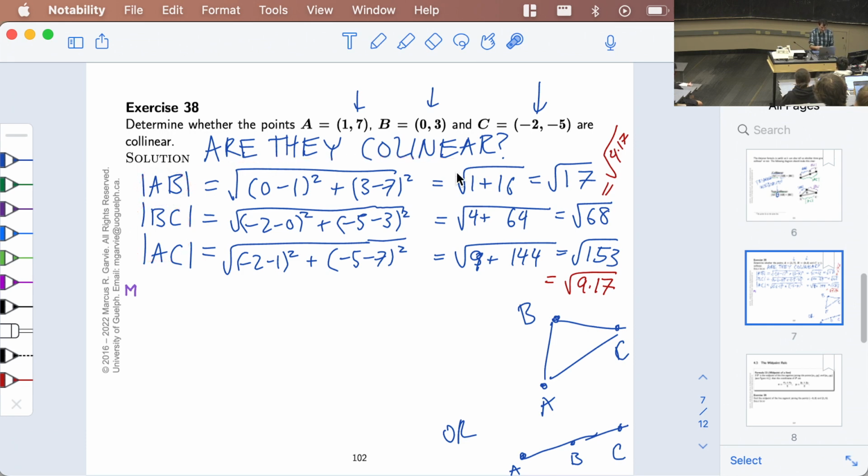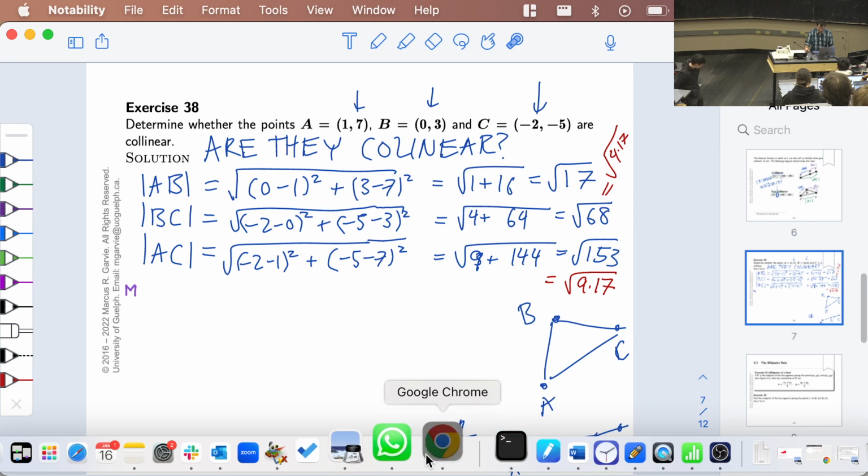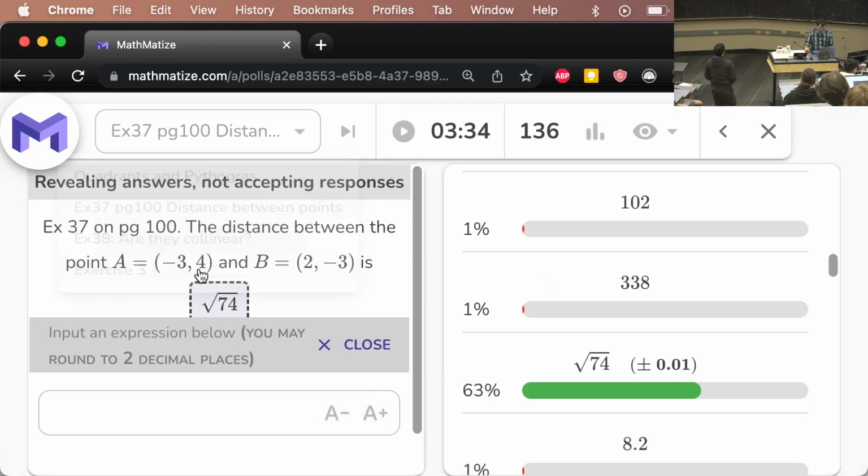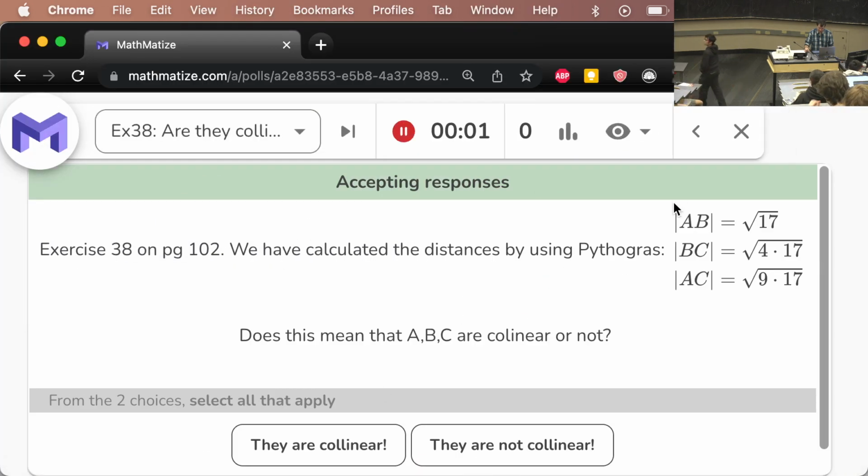But either way, you guys are going to do the problem in Math 1030. So take a look at this. Use what we've calculated so far as a starting point. And then let me know, are they collinear? Yes or no? Here's what we have so far.